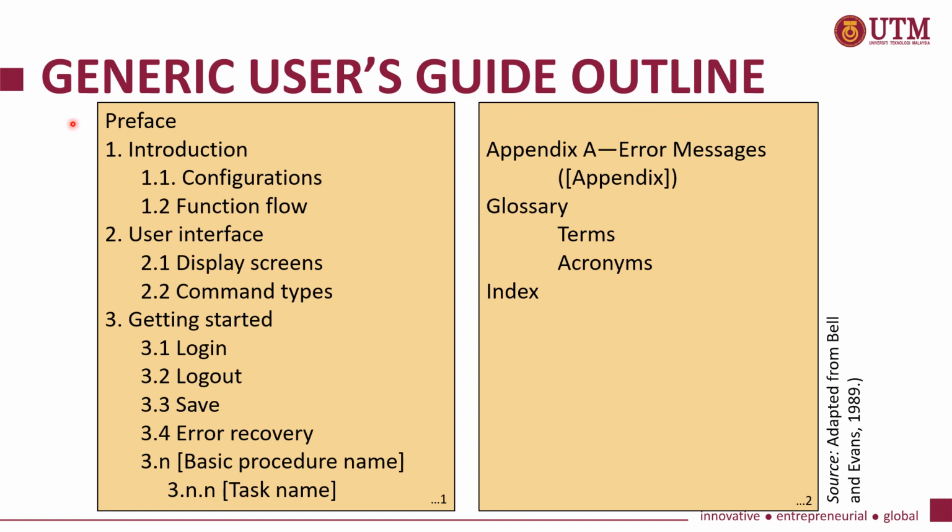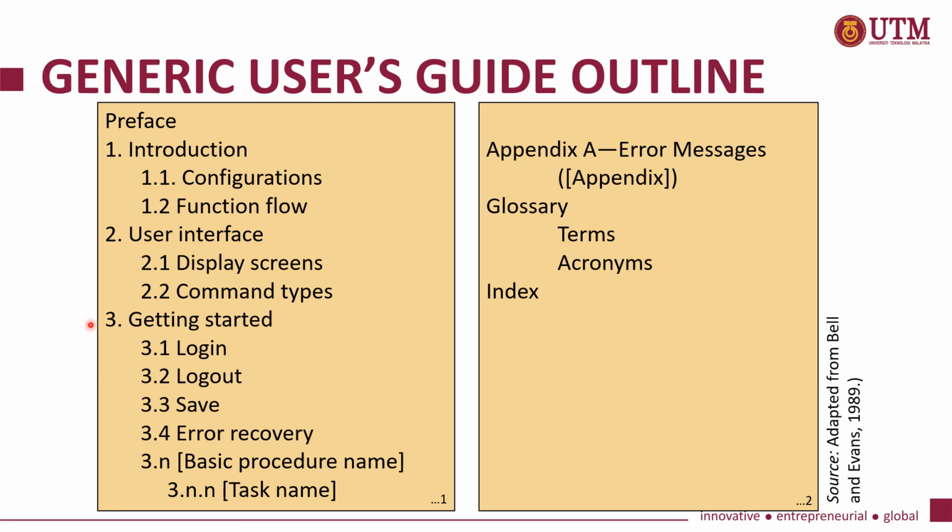This slide presents the generic user's guide outline for documentation. The documentation starts with a preface, then it will have an introduction section, which presents the configurations of the system and the function flow. And also the documentation will have a user interface section, which will include all the screens used in the system and the command types.